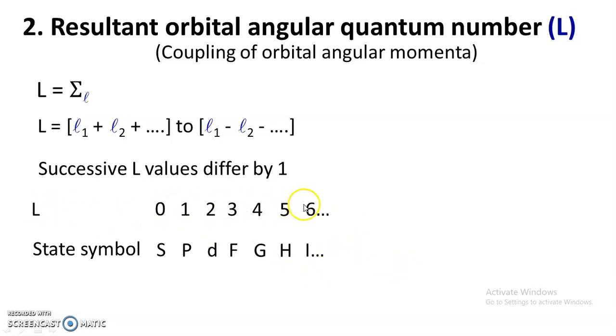So these are the L values, that is 0, 1, 2, 3, 4, 5, 6, and these are the state symbols, that is capital S, P, D, F, G, H, I, etc.